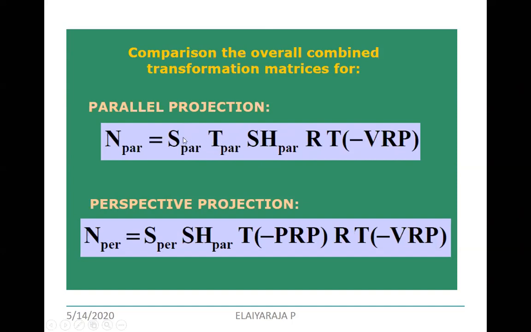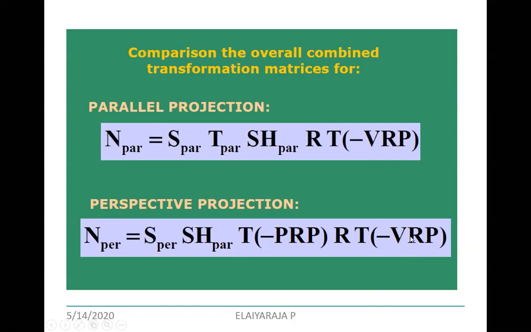This translation and scaling you perform based on your viewport coordinate values. Why? Because you are bringing to normalized screen coordinates so that you can perform the clipping. After taking your viewport coordinates, you perform the translation as well as the scaling. This is the series of steps you process in parallel projection.